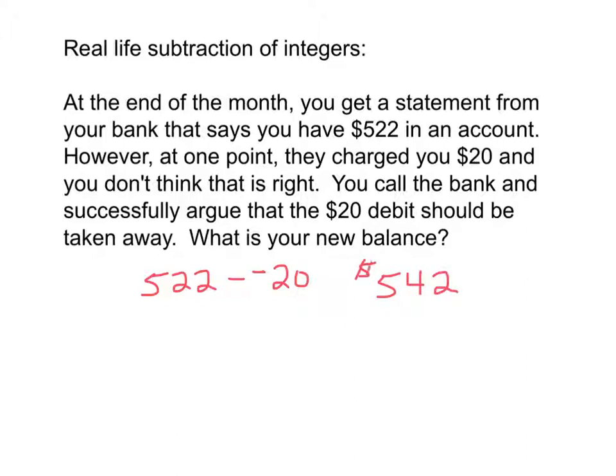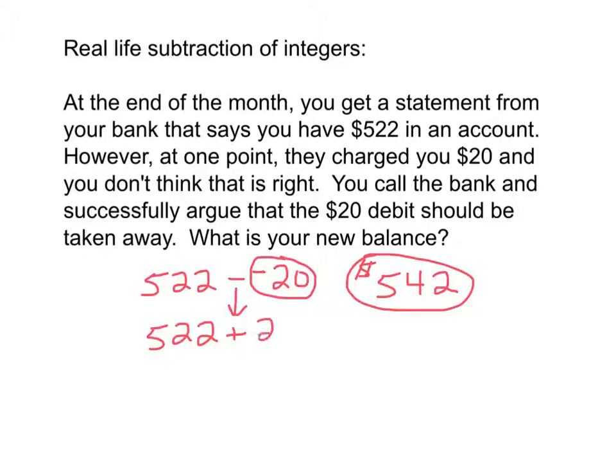So you're going to end up with $542. So if we do that problem by changing this to addition, we're going to add the opposite of that negative 20. That shows that the 522 plus the 20 would give that new balance of $542.